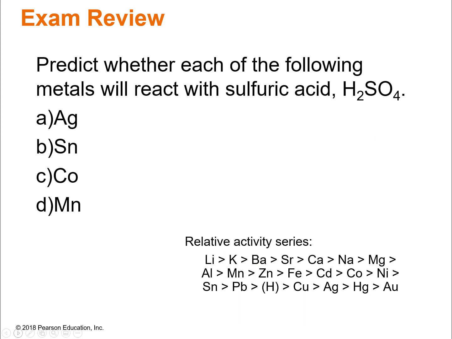So now we've got an activity series question. You have to predict whether each of the following metals will react with sulfuric acid. I will give you about a minute to do this one, and then we'll go over it.